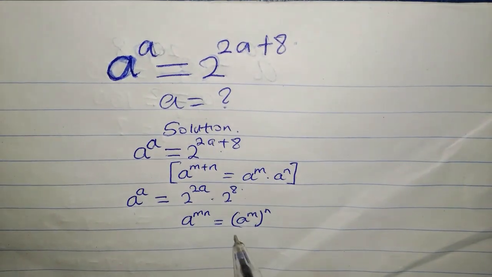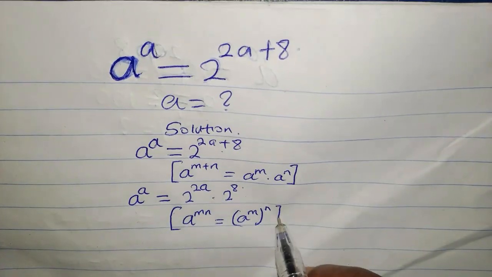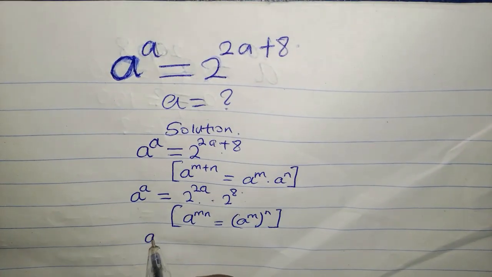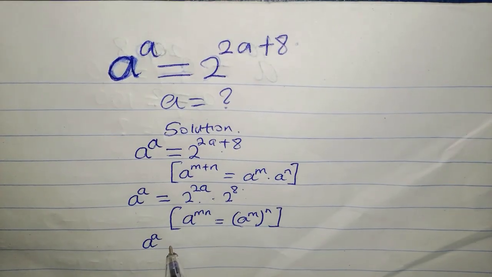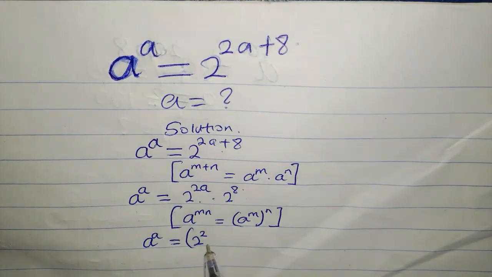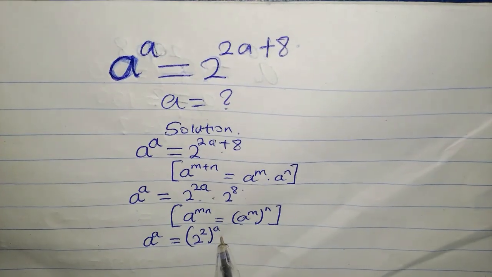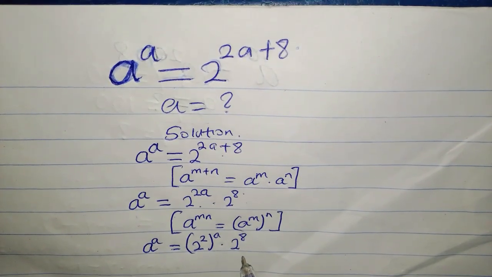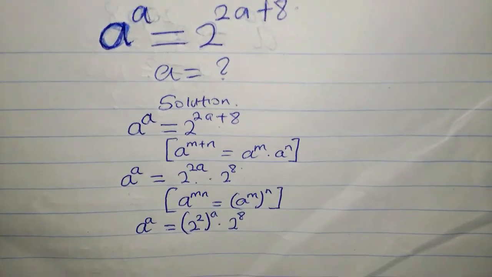If we put this through, at this part we have a to the power of a equals 2 to the power of 2, all to the power of a, times 2 to the power of 8.